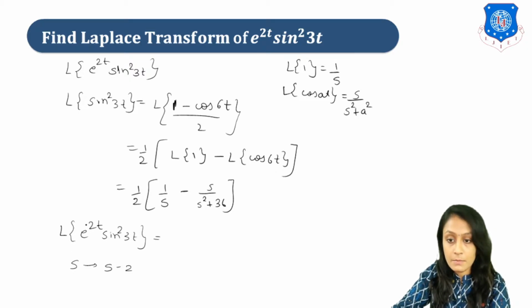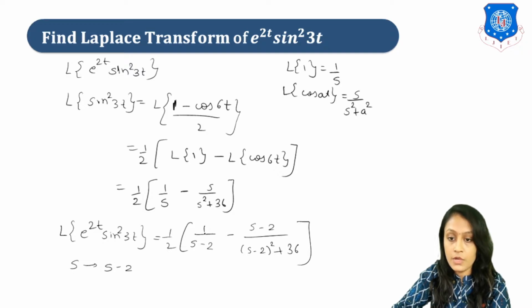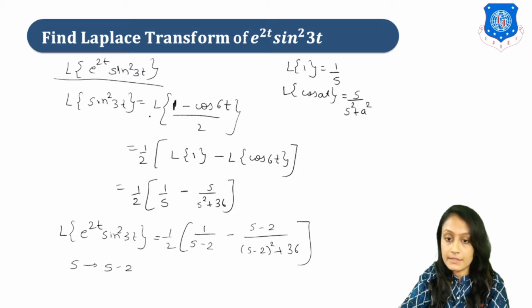So here just write down s minus 2 in the 1 by 2 times 1 upon s minus 2. Make sure to write s minus 2 in every s. So here we have s, so s minus 2, and here s minus 2 whole square plus 36. So this is the final answer of the Laplace transform of e raised to 2t sine square 3t.